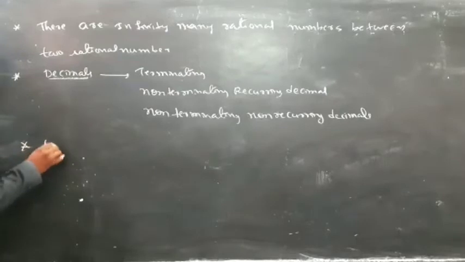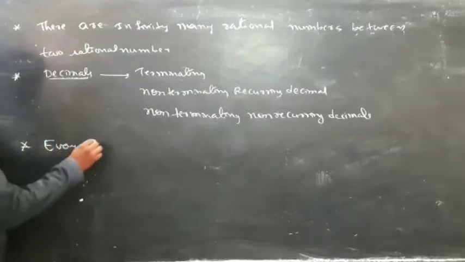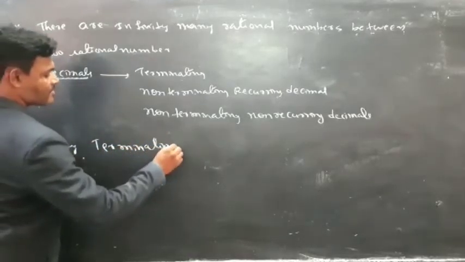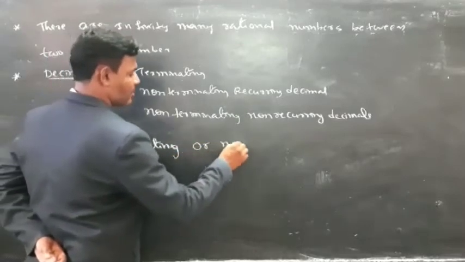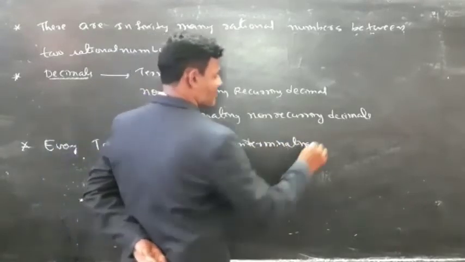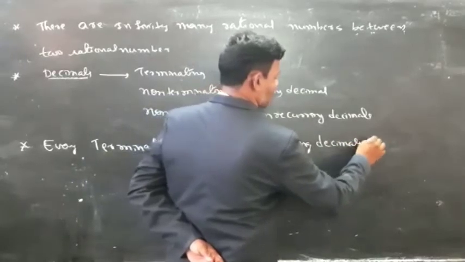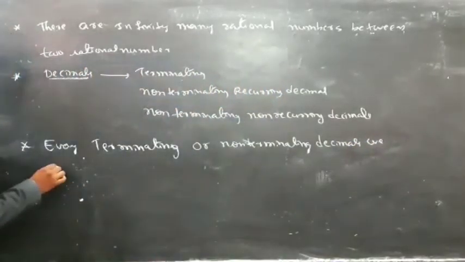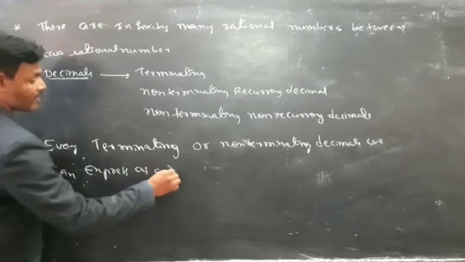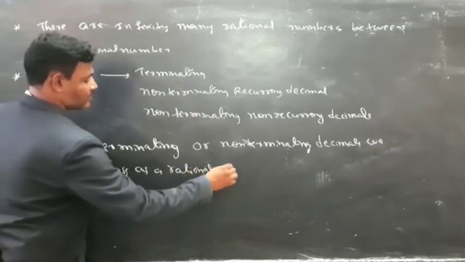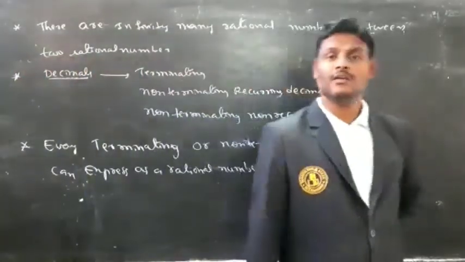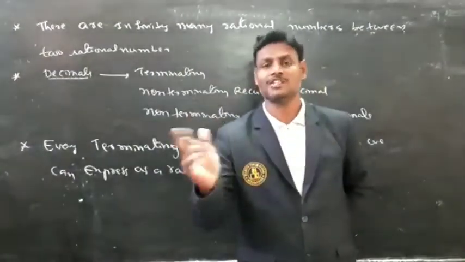See here one concept. Every terminating or non-terminating recurring decimal we can express as a rational number.